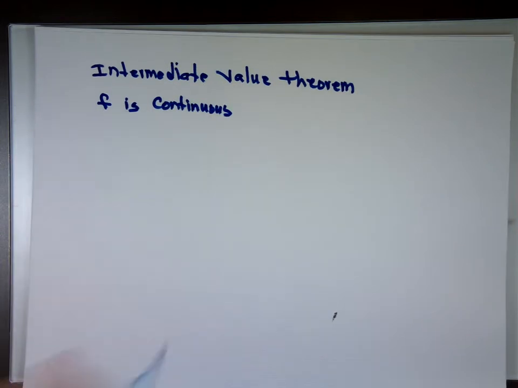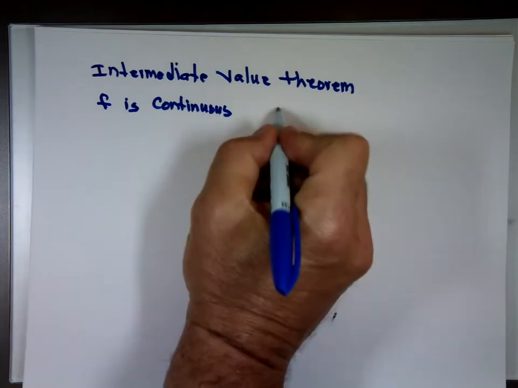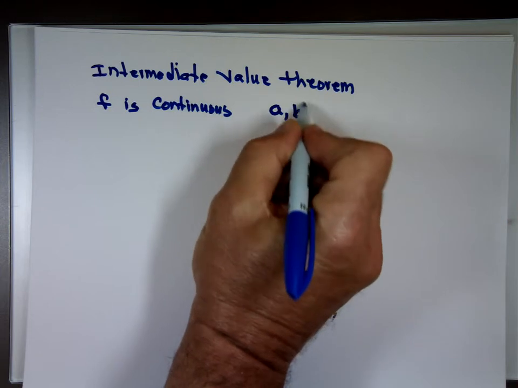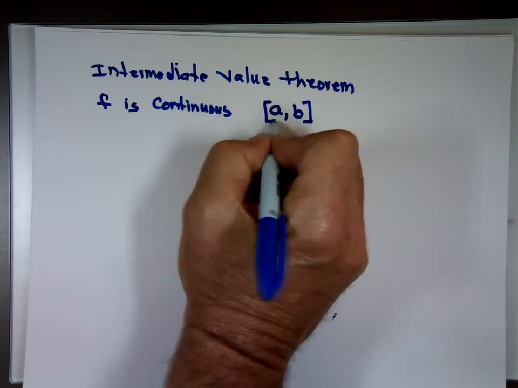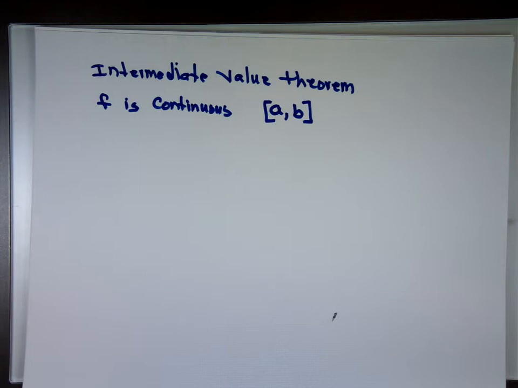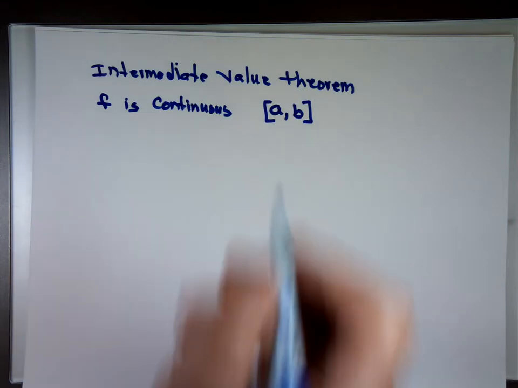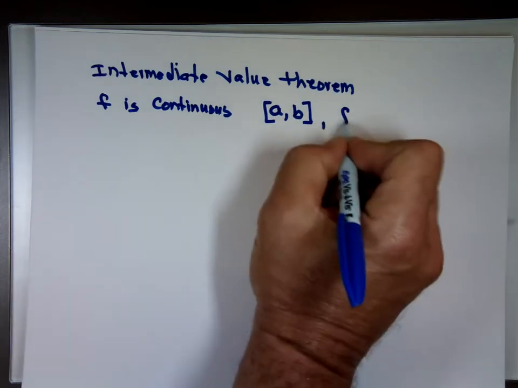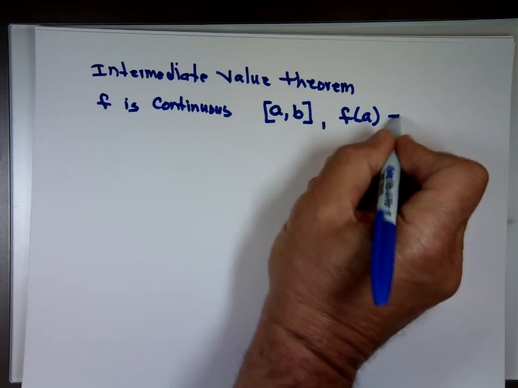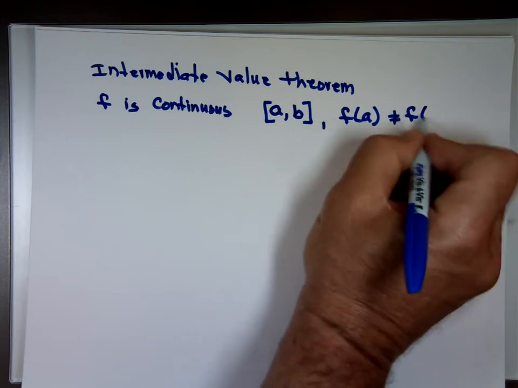Continuous where? On the closed interval from a to b. That means both a and b are included in that. Not open, has to be closed. And f of a does not equal f of b.